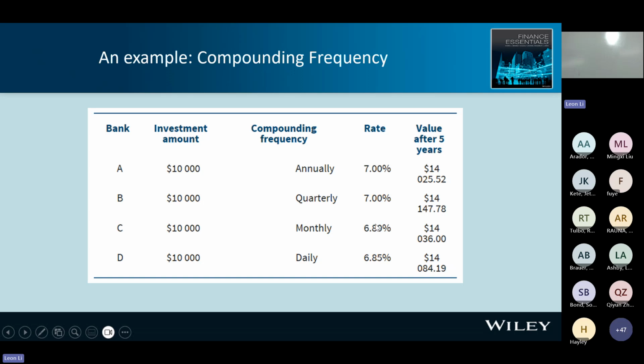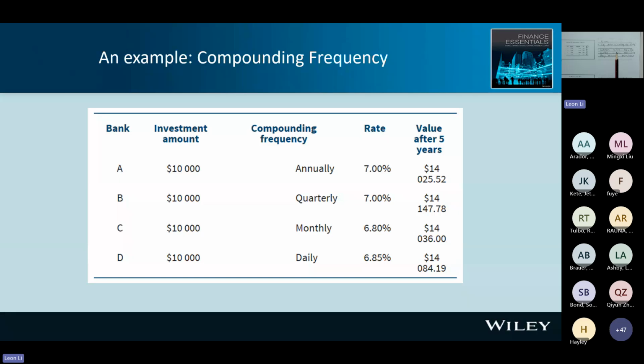But calculation is not our focus right now. I want to address the key concept here. The point is you have to adjust the data according to compounding frequency, right? In our example, this is a 5-year investment. So when I see quarterly, I'm thinking 4, right? 4 quarters a year.